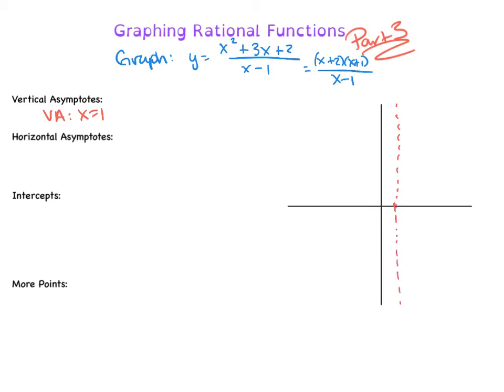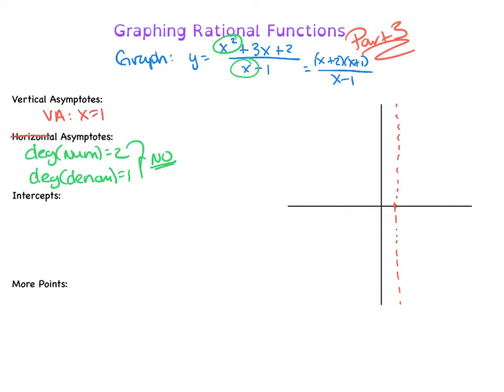Okay, just like in the last example too, the degree of the numerator is 2, which is bigger than the degree of the denominator. So since the degree of the numerator is bigger than the degree of the denominator, then I have no horizontal asymptote.